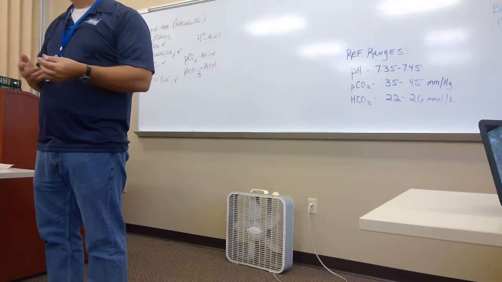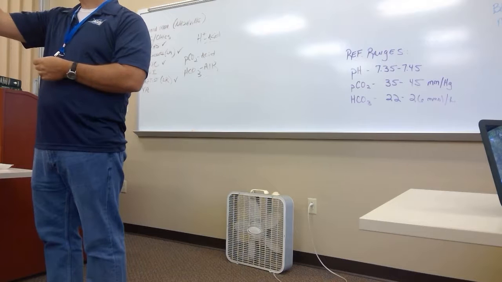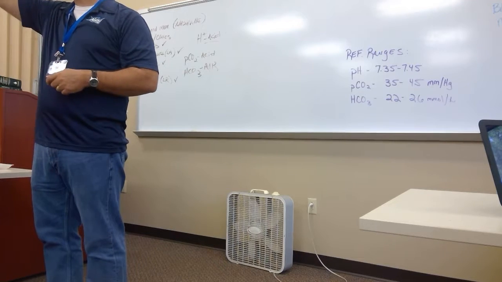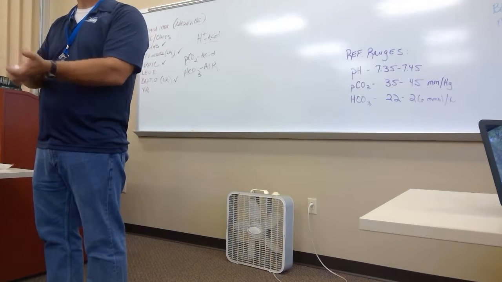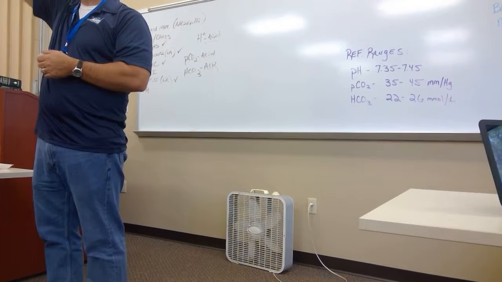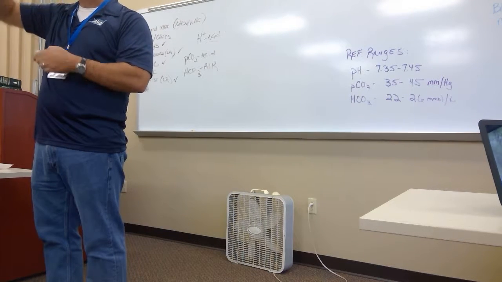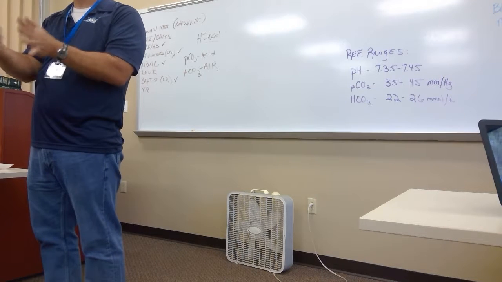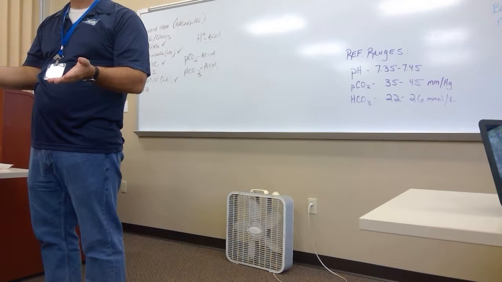dilutional effect. You have this arterial blood in here, and you squirt a little bit of that blood into the analyzer, and it gives you all these readings on bicarbonate, pH, partial CO2. But if you had excess liquid in here, it dilutes the blood and can give you an erroneous result.